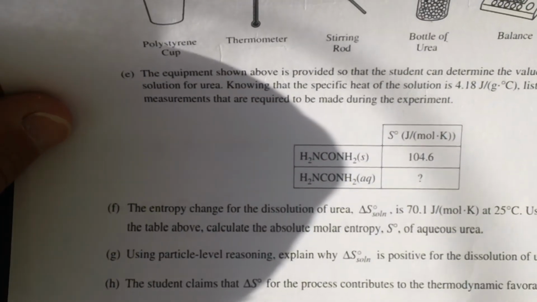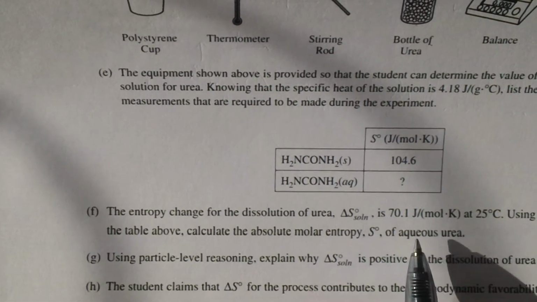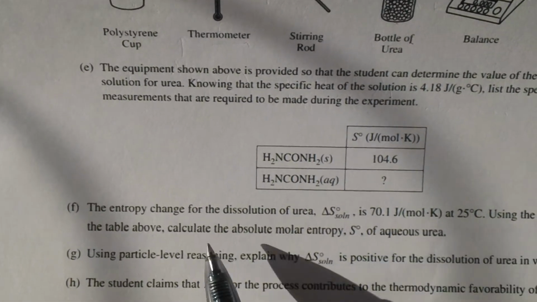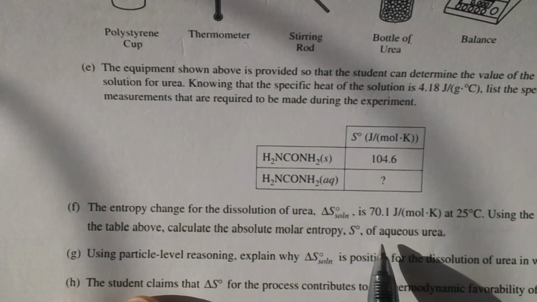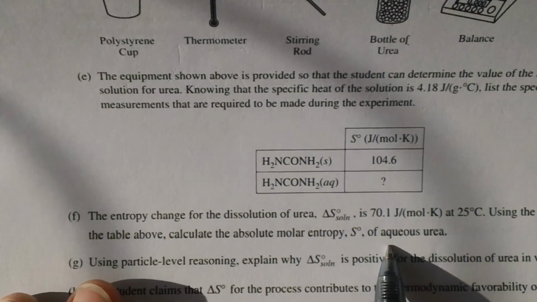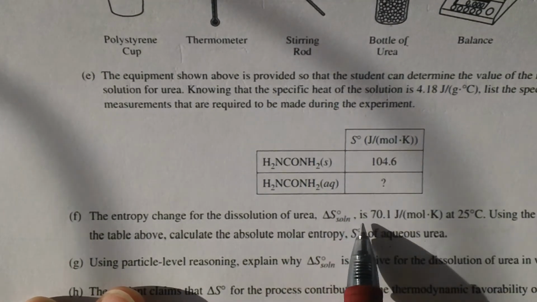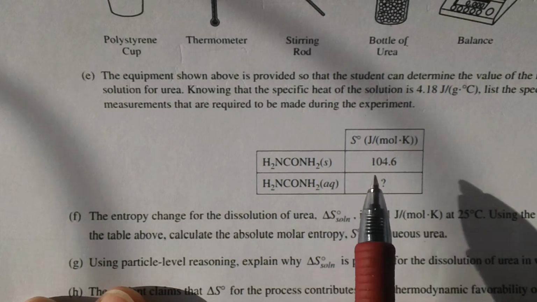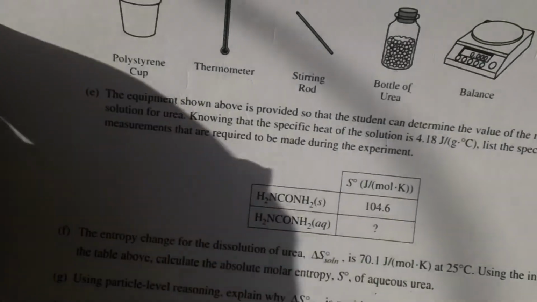says the entropy change for the dissolution of urea is 70.1. Using that information in the table above, calculate the absolute molar entropy of the aqueous urea. So we just want the aqueous urea. We're looking for the question mark here. They gave us a delta S for the whole solution. They gave us the delta S for the individual solid. We need the aqueous one.